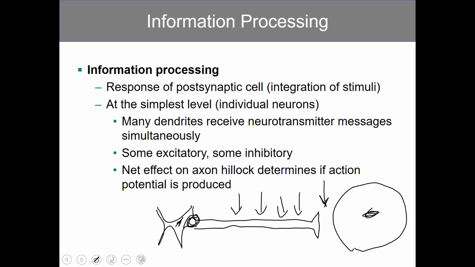Let me say this again: the dendrites, these short extensions off the cell body of the neuron, receive a tremendous amount of stimulation. Some is excitatory, depolarizing. Some is inhibitory. If you add all the excitatory and all the inhibitory together, you get the net effect, and the net effect on the axon hillock determines whether or not an action potential is produced.